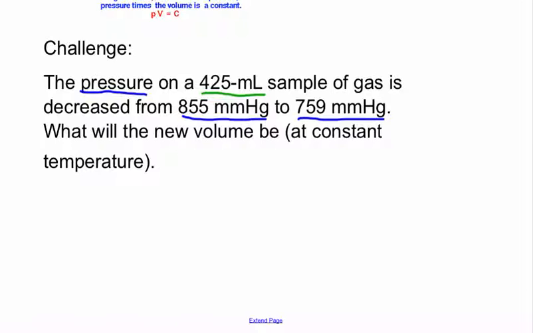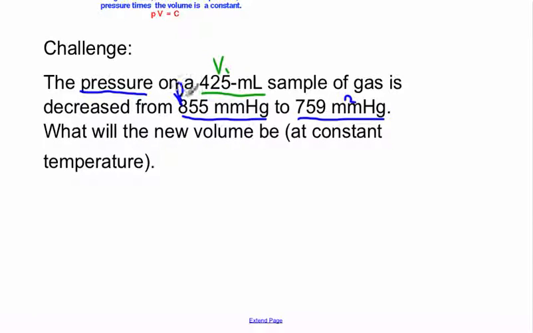So this is a V1. This will be our V2 because it's going from V1 to V2, and at this pressure we have this volume. So this is V1. Oh, I already made a mistake. This is pressure, sorry.